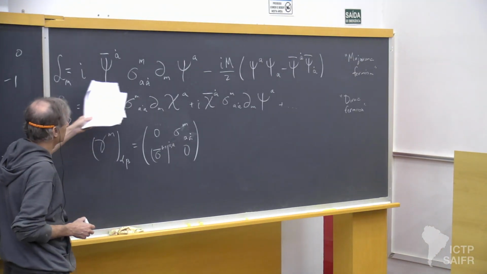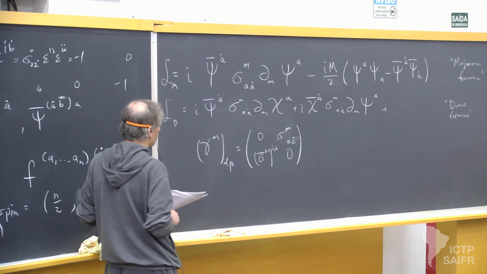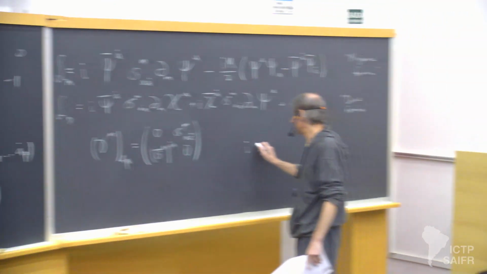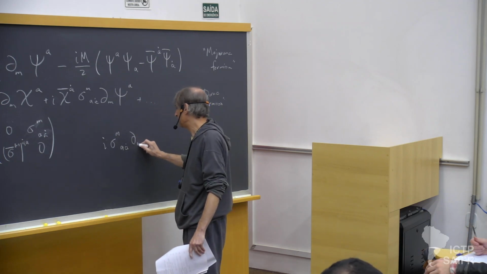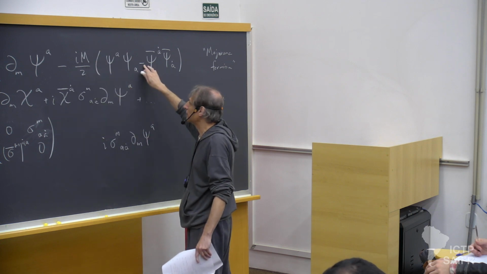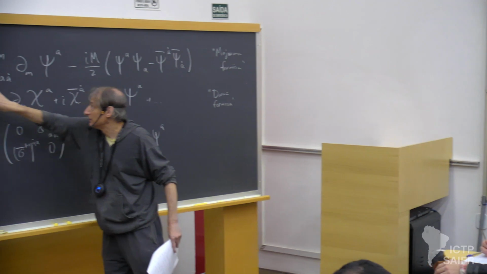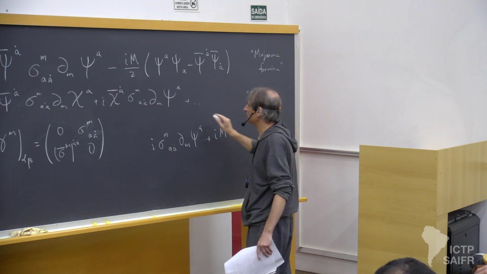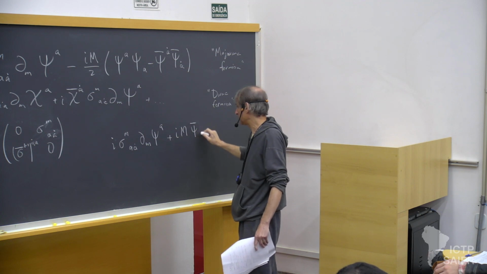Okay, so what are some properties of this action? We can, of course, easily compute the equation of motion. So if we vary with respect to psi bar, we'll get an equation like this: i sigma^m a dot a ∂_m psi_a minus, so I'm varying with respect to psi bar, I'm going to get this term from here, and from here I'm going to get a plus i m, the factor of 2 cancels because I have 2 of these, so it's going to be something like psi bar a dot.